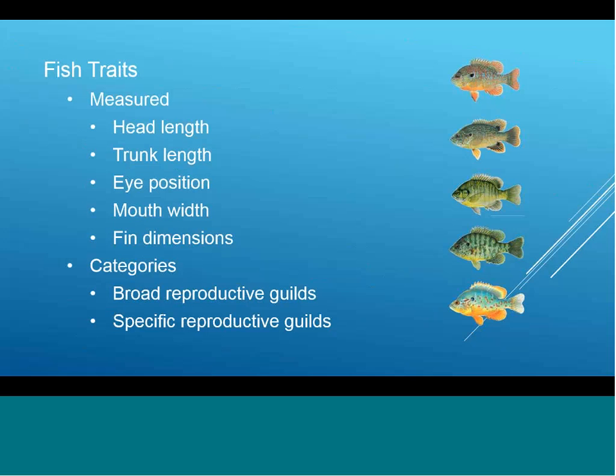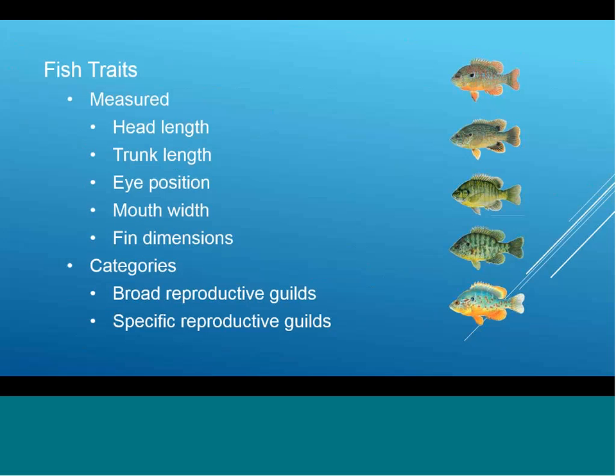The traits that we looked at were in two main groups. First of all, based on measurements of the specimens that were captured, carried out by PhD student Bob Mollenhauer at Oklahoma State, looking at a number of factors that would influence the fish's behavioral and ecological responses.